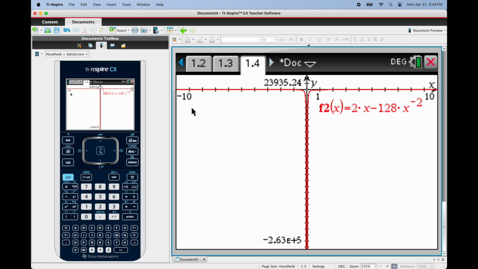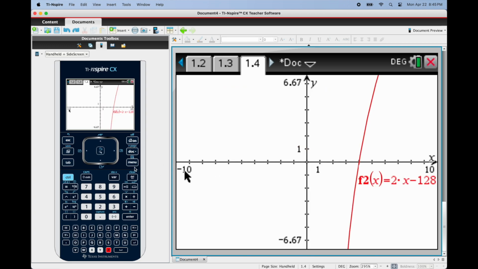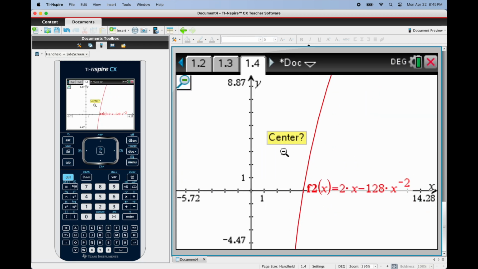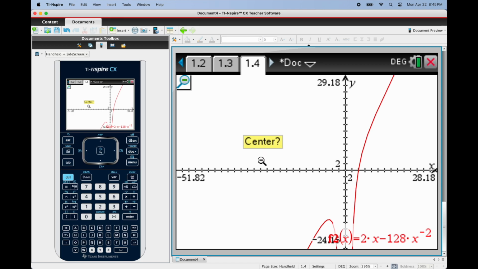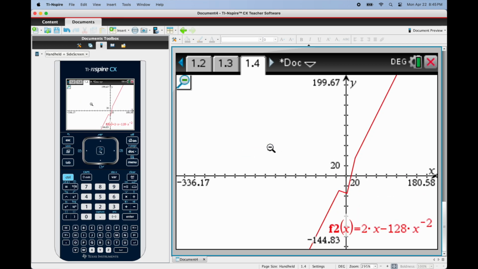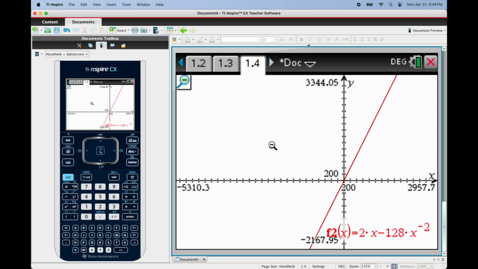So it looks like we do have two values here. I'm going to zoom out instead of zoom fit. Let's see. This looks actually okay.